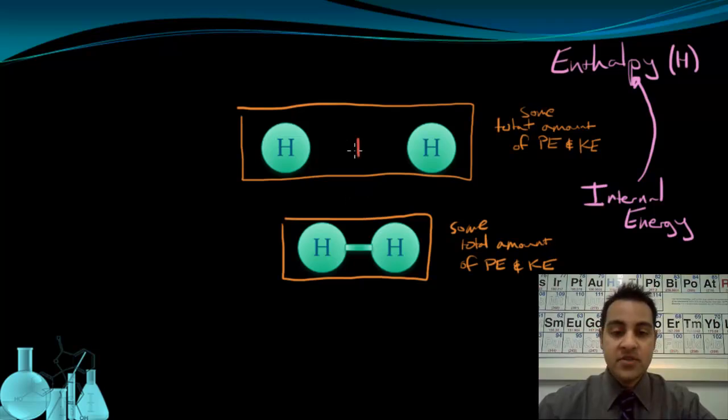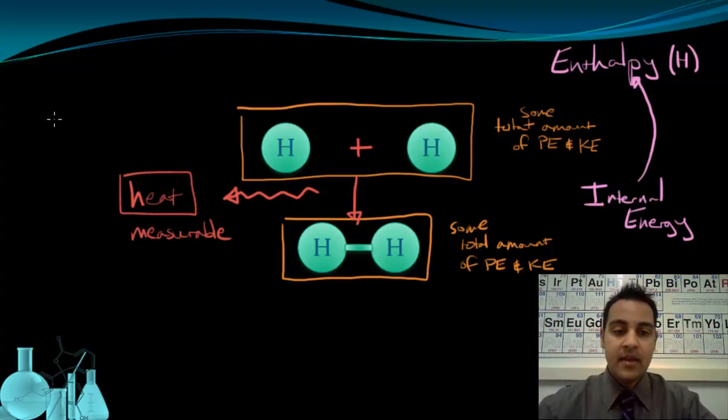We know that when these two separate hydrogen atoms come together, they form a bond. And we observe that heat is released. And this heat, we can measure. And at constant pressure, the heat released, Q, is equal to the change in enthalpy between the two states.